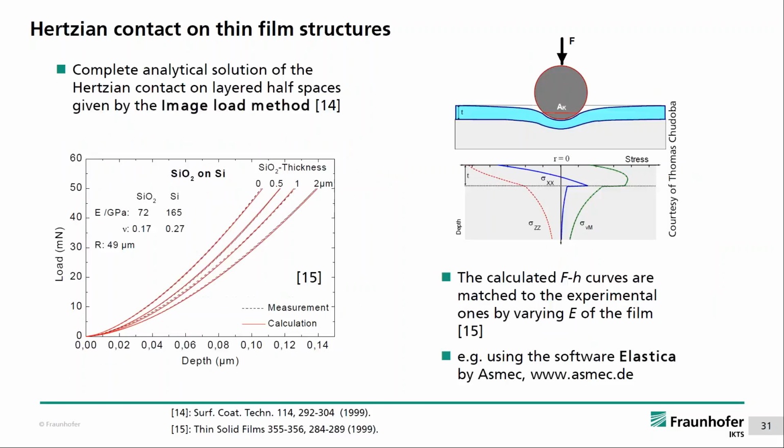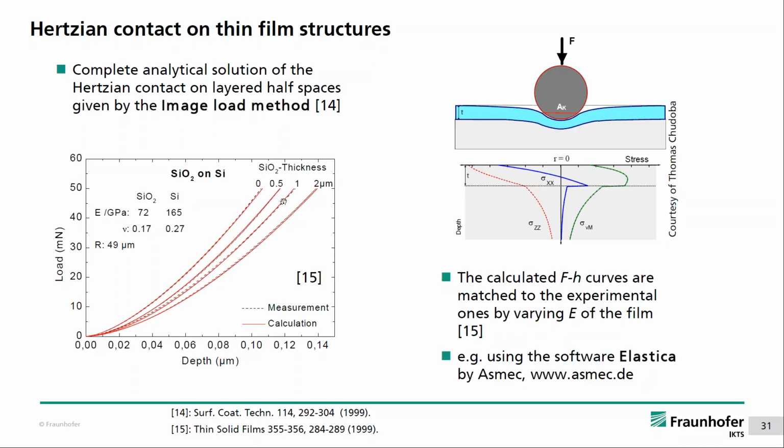Hertzian contact is only for bulk materials, so for half spaces. And in thin films there's a theory called the image load method, and this is a full analytical solution for a spherical Hertzian contact of a layered half space, so a thin film system. And you get the full force-displacement solution, of course, and the full stress-strain solution.